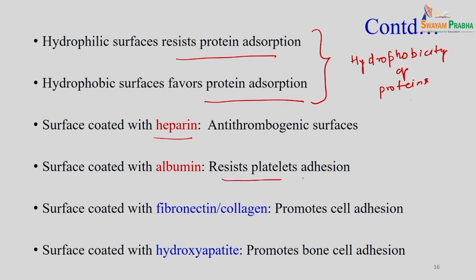So, if you want to resist the platelet adhesion, you can pre-adsorb the surfaces with a non-adhesive protein. So, albumin is a non-adhesive protein. But if you want to promote the cell adhesion, you can go with the fibronectin or the collagen.